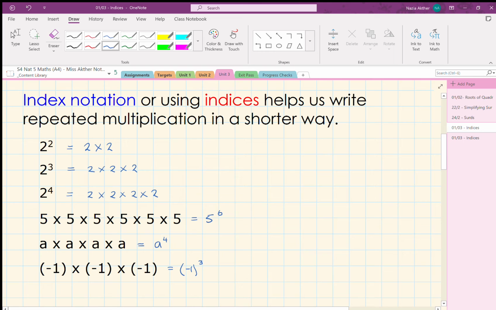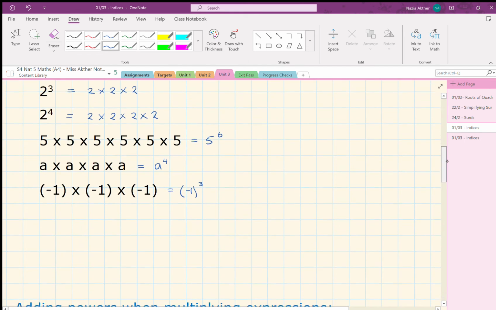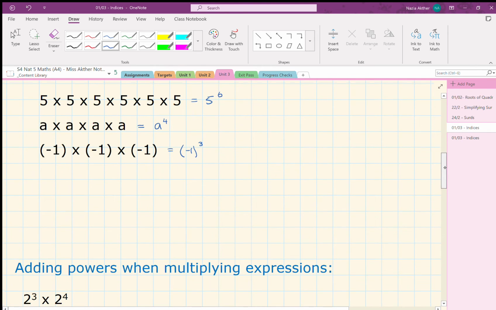And the 2's, the 5, the a and the -1, we call the base.